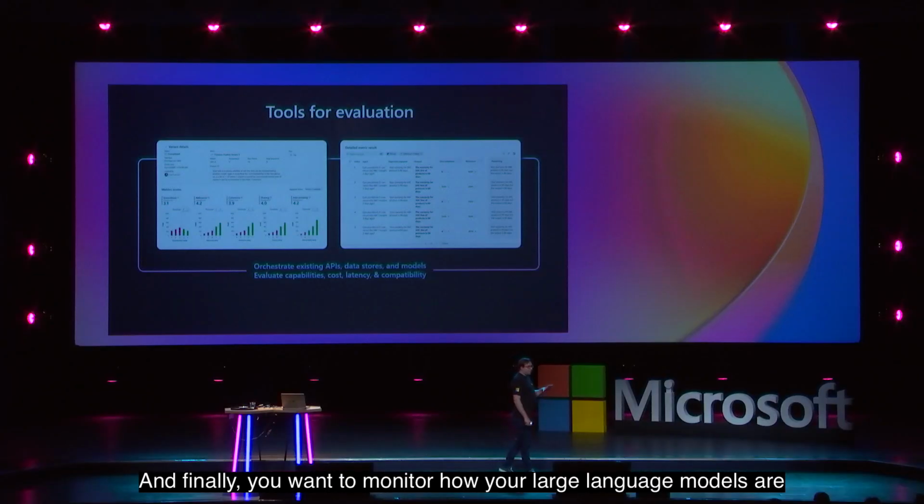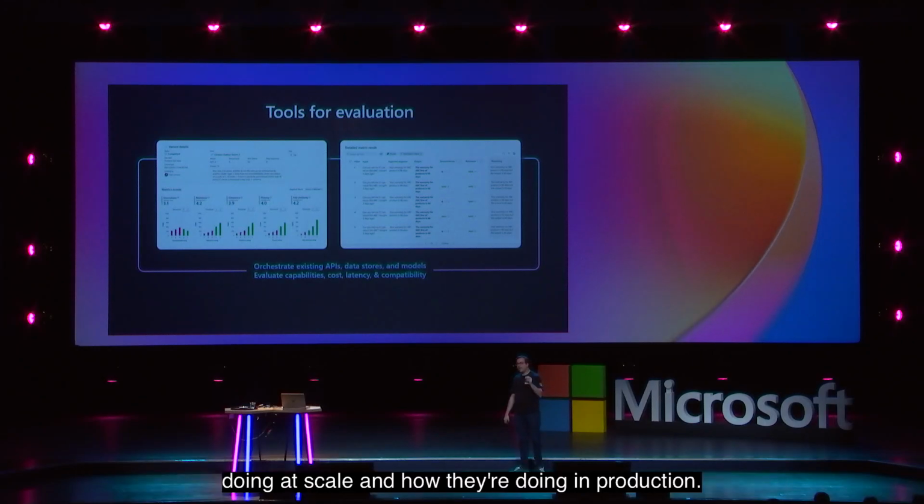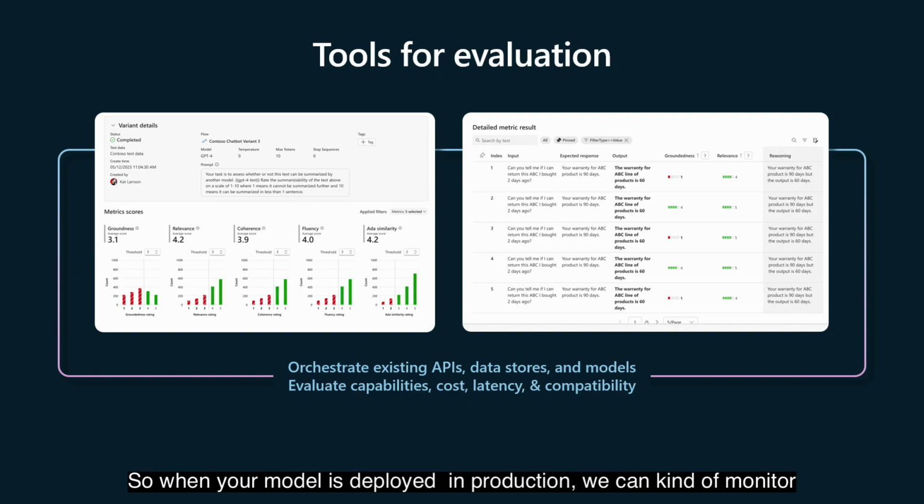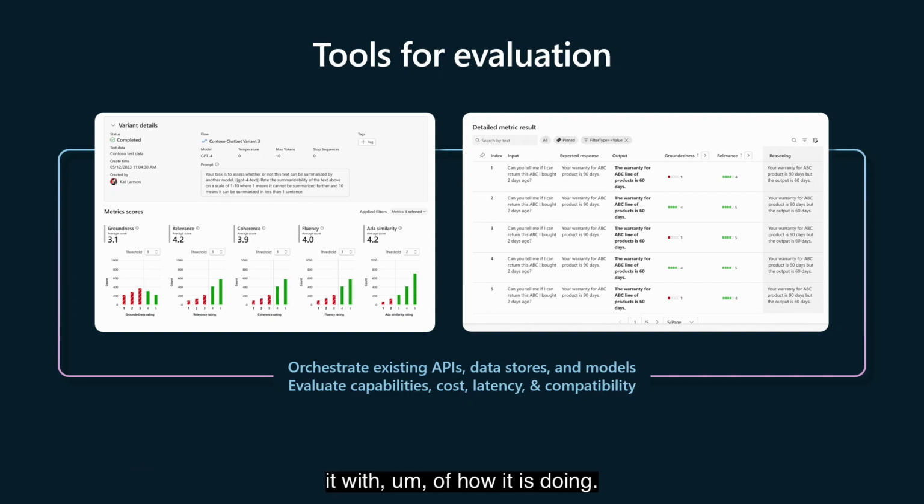And finally, you want to monitor how your large language models are doing at scale and in production. So when your model is deployed in production, we can monitor how it is doing. And we can warn you if these models go out of tune, because these models are not super deterministic.